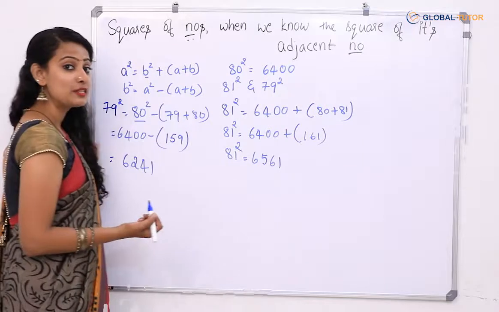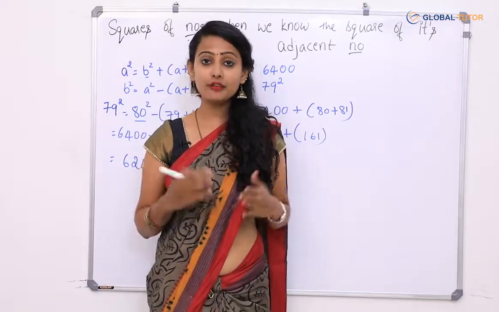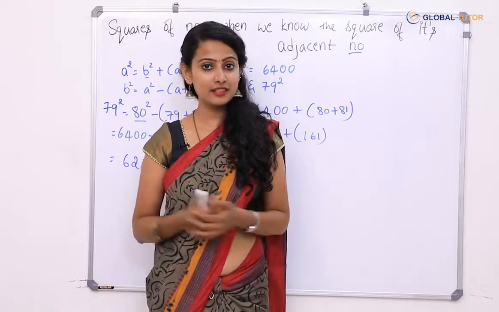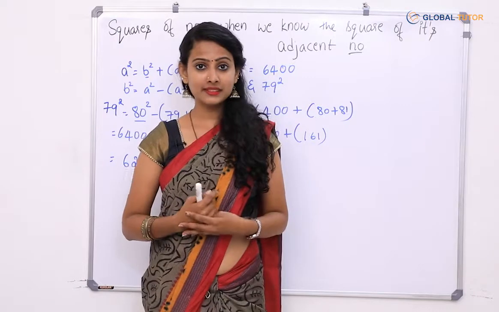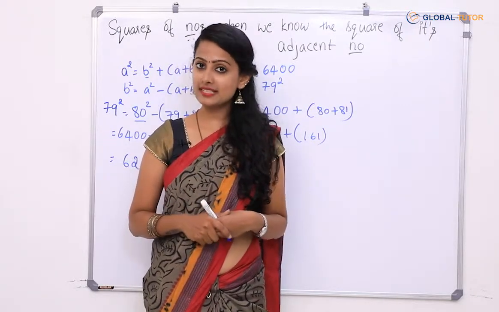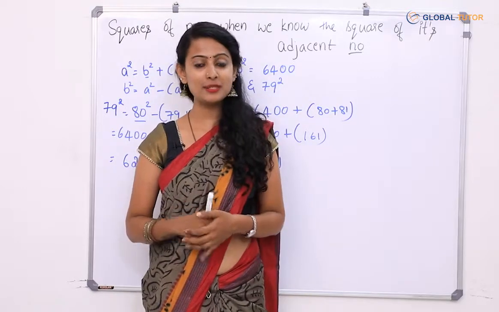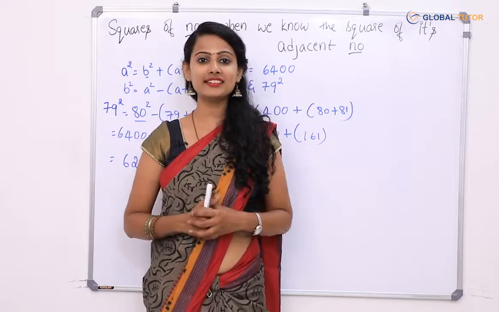So friends, it is so easy to find the square of a number if you know the square of its adjacent number. If it is a greater number, then add the sum. If it is a lesser number, then subtract the sum. So easy, isn't it? Mathematics is very beautiful if you understand the techniques.